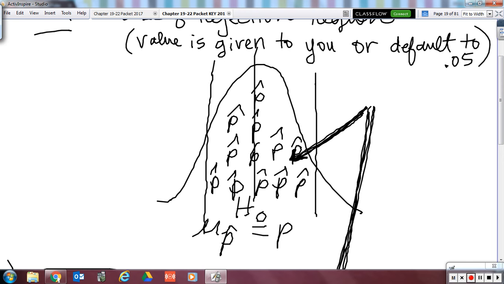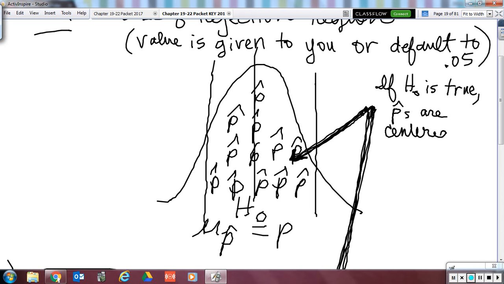So what I want to tell you is that if the null is true, then the p-hats are centered around that mean of p-hats equals p.